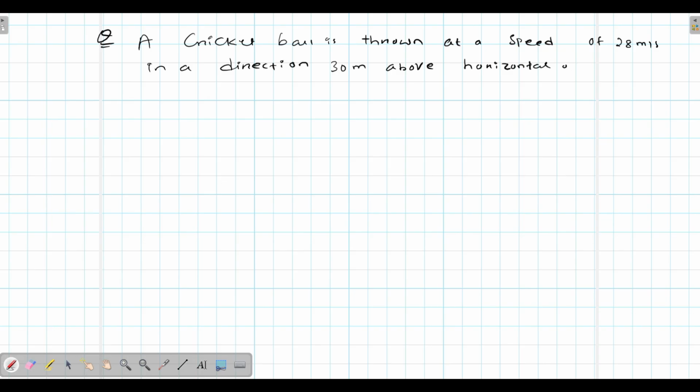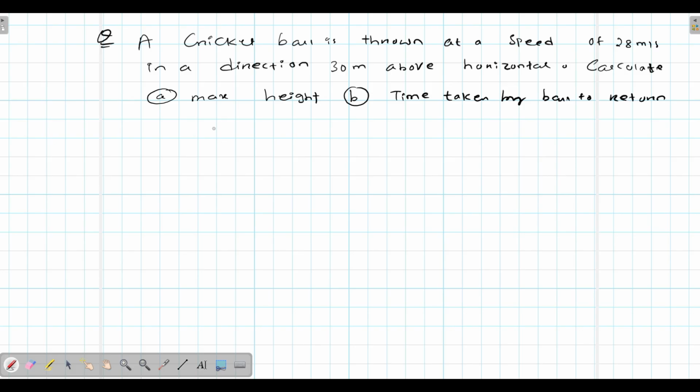Calculate (a) the maximum height, (b) the time taken by the ball to return, and (c) the distance from the thrower to the point where the ball returns to the same level.